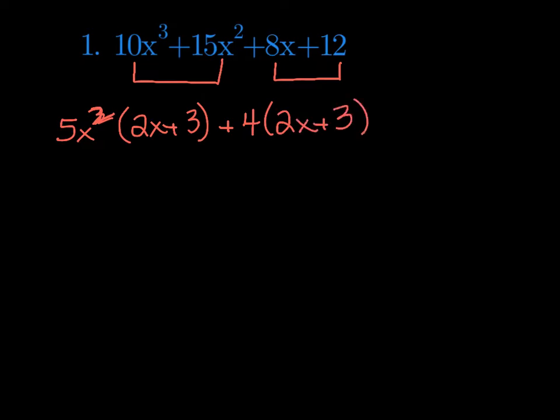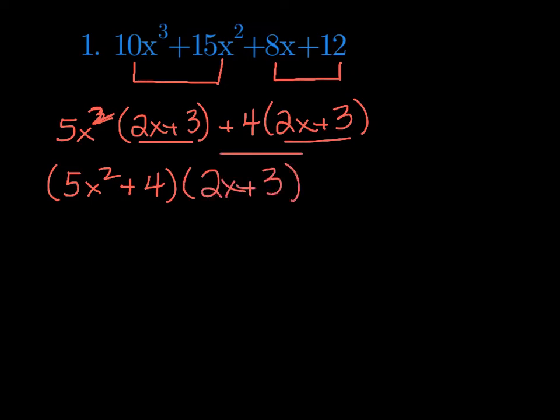All right, so remember, it's great when these both match up. That's what we want. So the GCFs that I took out go together in one set of parentheses, so 5x squared plus 4. And then in the other, we'll go 2x plus 3. And there's your answer.